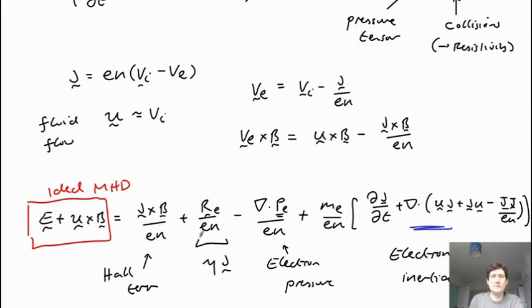You have resistance, you have the Hall terms at the ion inertial lengths, and then you have the electron terms at the electron inertial lengths. For ideal MHD to be valid, all these terms have to be small compared to this V cross B term. This gives us some limits on when ideal MHD is valid. And you can see that the Hall term and the resistance become important before the electron inertia term does.